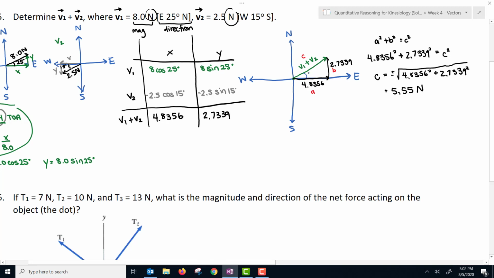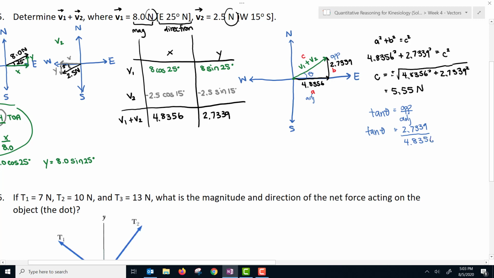So I'm going to put a little theta in here, and I'm going to say tan theta is equal to opposite over adjacent, and I'll plug in everything that I know. So tan theta is what I'm looking for. Opposite is 2.7339. This was the opposite here because it's opposite of the angle, and this is the adjacent because it's next to the angle but it's not the hypotenuse, over adjacent, which is 4.8356.